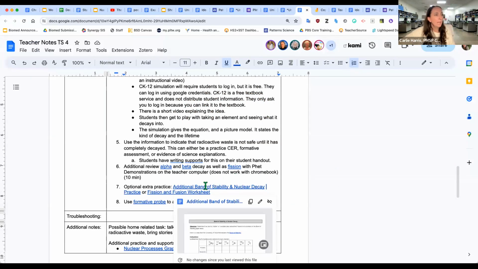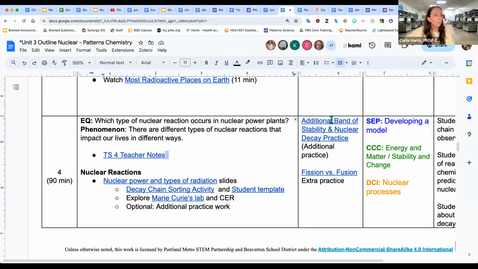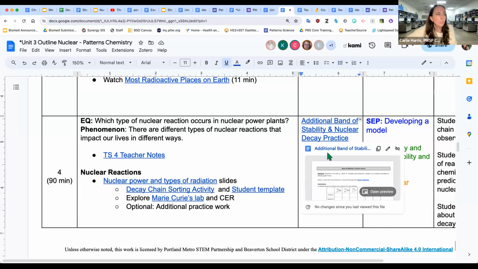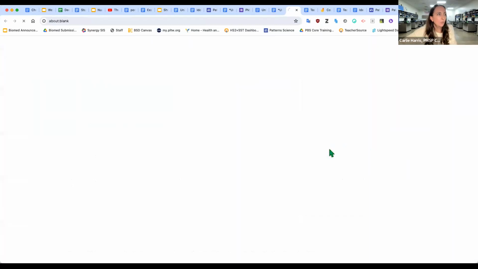Okay, so we have a couple options for additional practice. You'll see on our unit planner here, we've tried our best to kind of tidy up this column. There used to be a lot of different resources here, and it can be a little overwhelming, right? Like, which one do I choose? So we've tried to be really intentional about this column. So we have this as an additional practice.